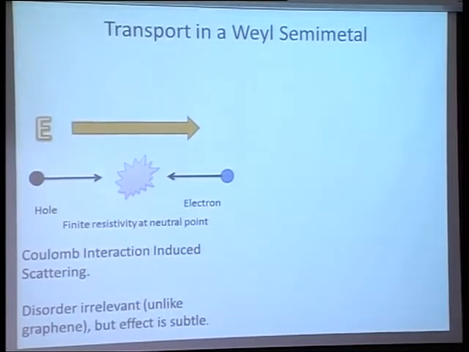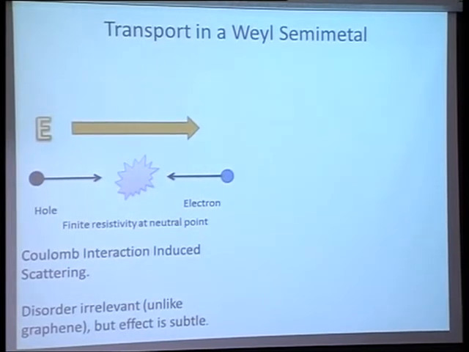Here, if you apply an electric field, the electrons and holes get accelerated in opposite directions with opposite momentum, and these can collide and relax the current. So just electron-hole interactions mediated by the Coulomb interaction can give you a relaxation of the current if your chemical potential is at the neutral point.